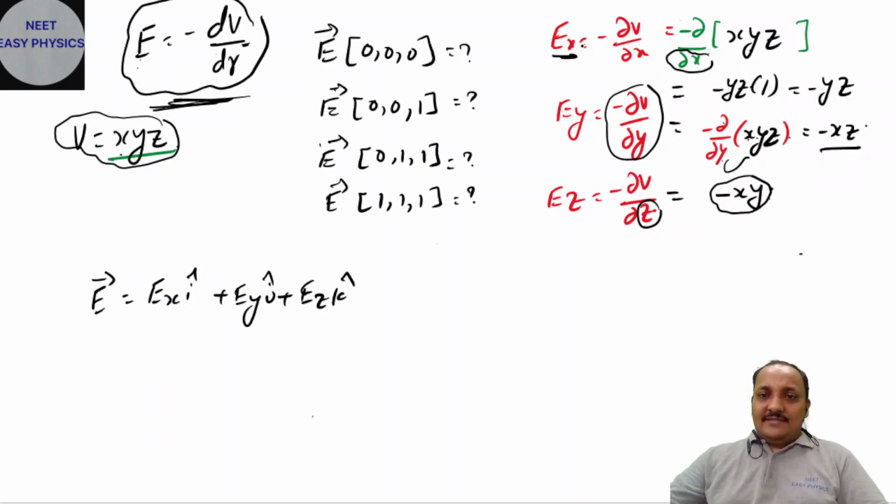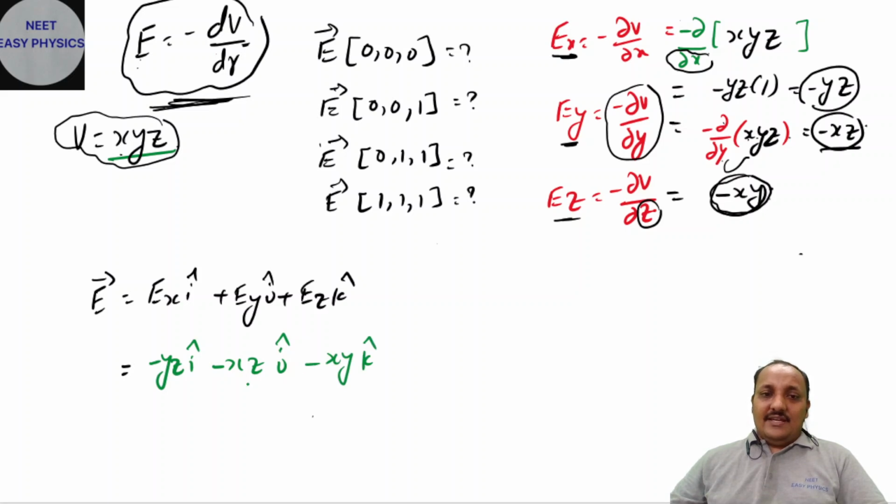Now, Ex value is minus yz, Ey value is minus xz, Ez value is minus xy. Put all these values in the equation. Ex is minus yz i cap, Ey is minus xz j cap, Ez is minus xy k cap.